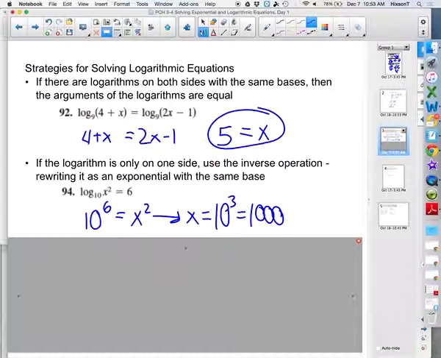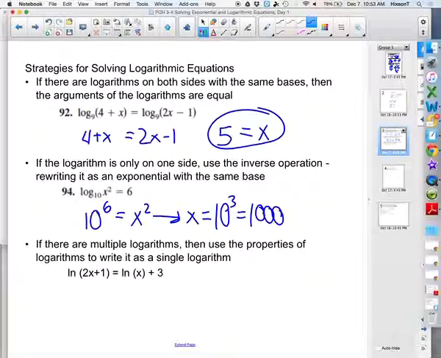Now, are there other things that you could do? Sure. Could we have taken this 2 out in front, make it 2 log of x, and then divide both sides by 2, so log of x equals 3? Yeah, but then we would need to write it as an exponential, and it would have given us x. So either way, you get the same thing.